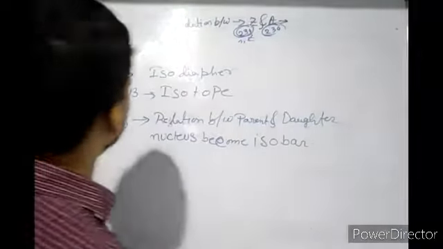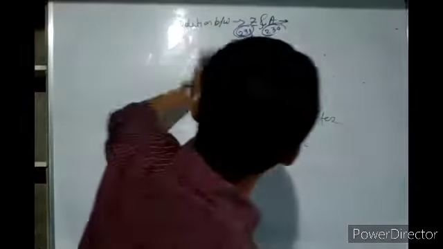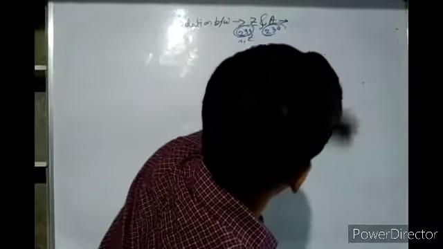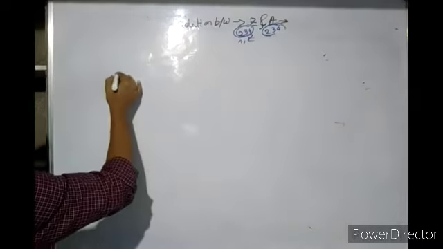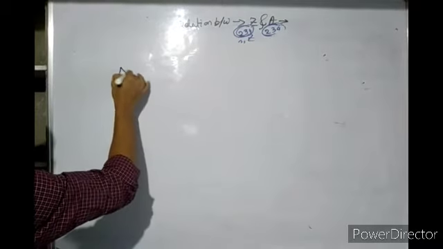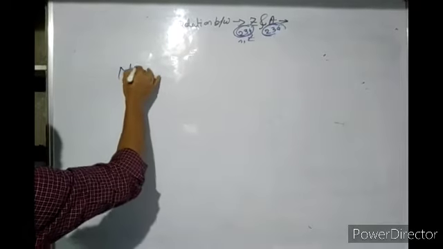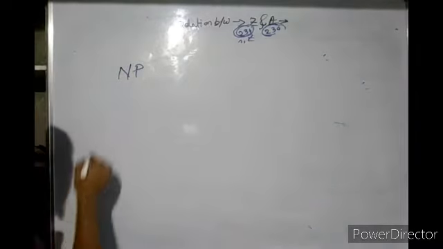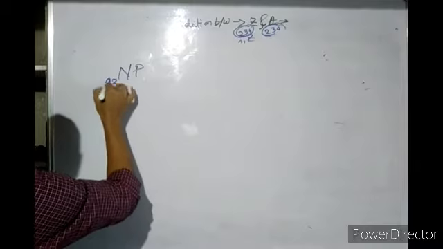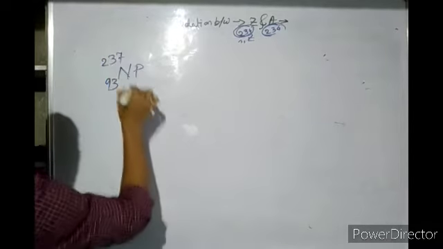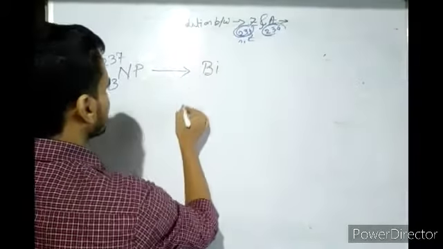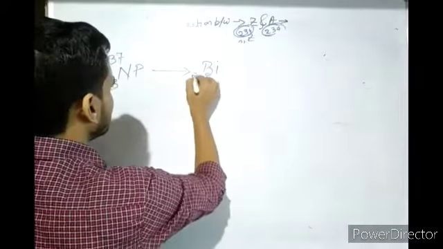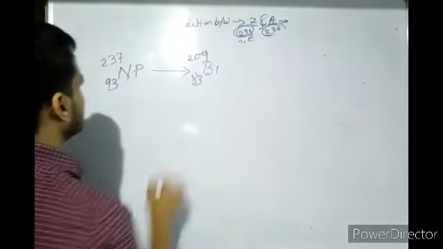Let's take a series. Calculate the number of beta particles. In P, 93, 237, it becomes bismuth 83, 209.